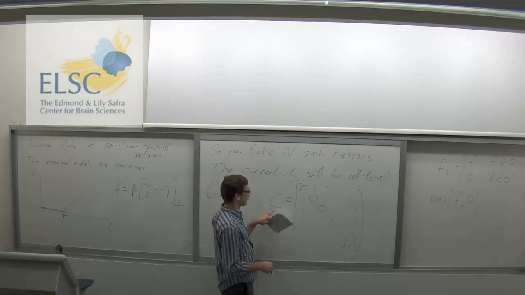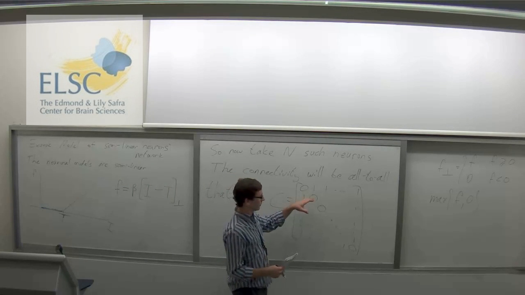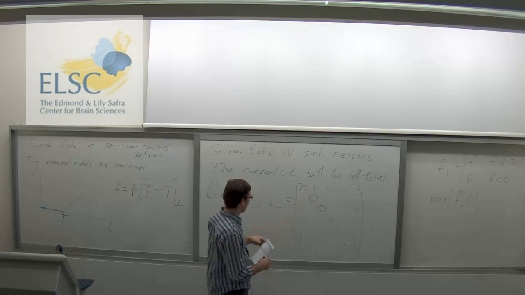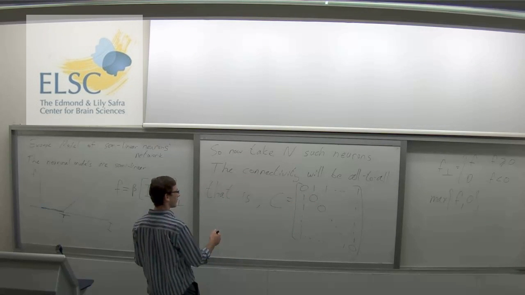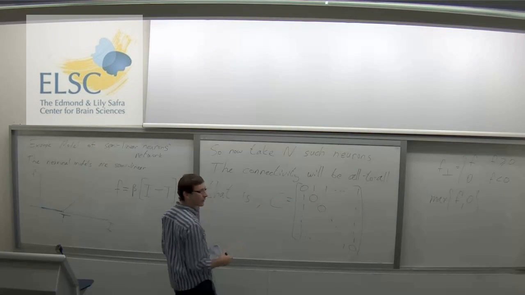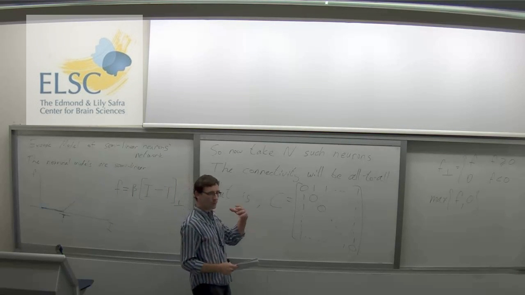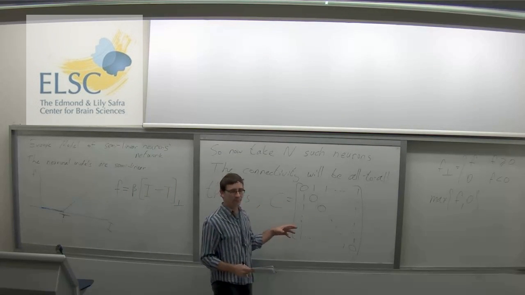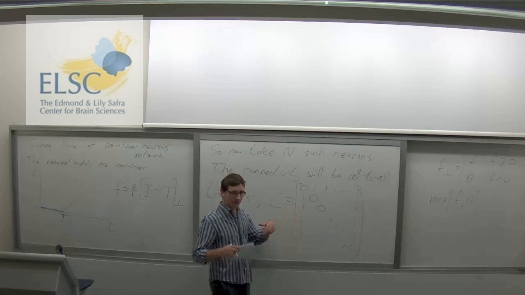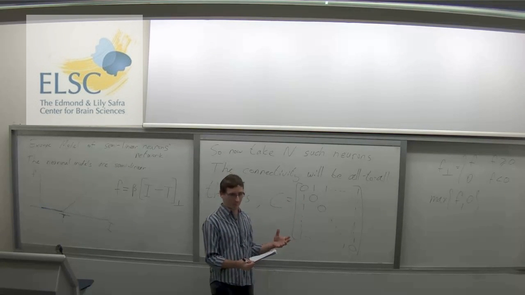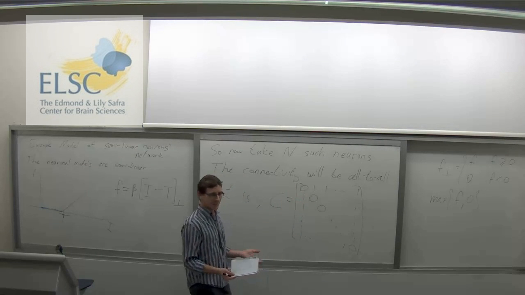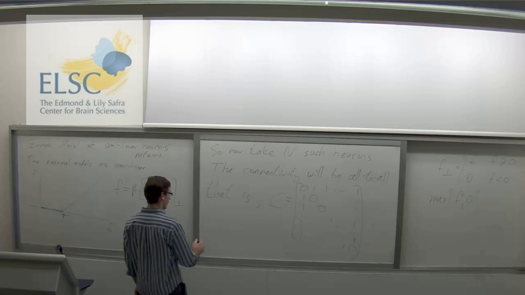So this is C when it only represents the connectivity. But now we're going to write a different C, the one that represents the strength of the connections. If you represent the strength, it includes representing the connections, because if the strength is 0, there's no connection.